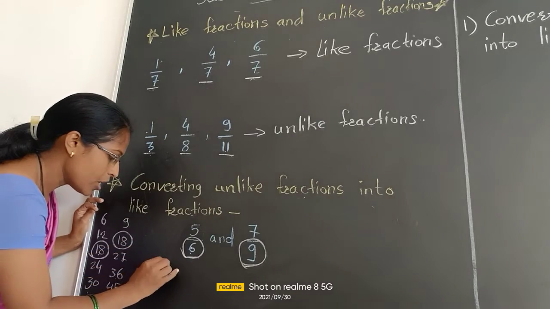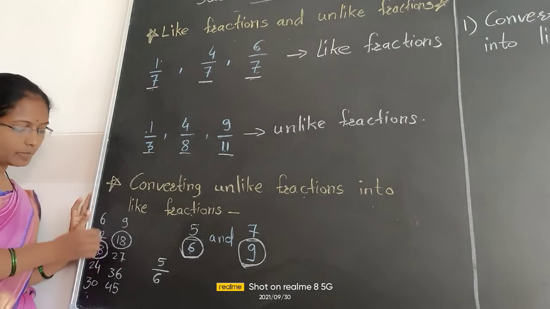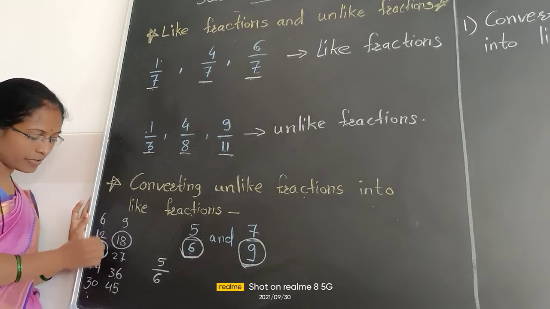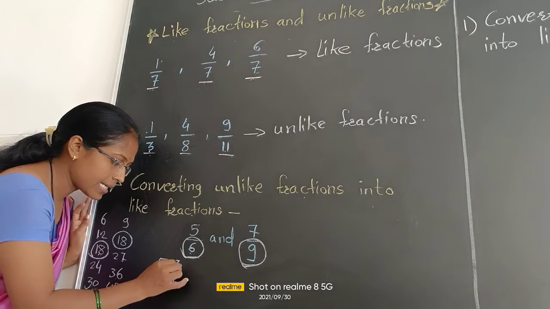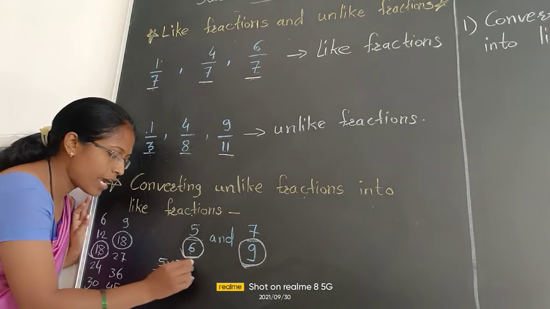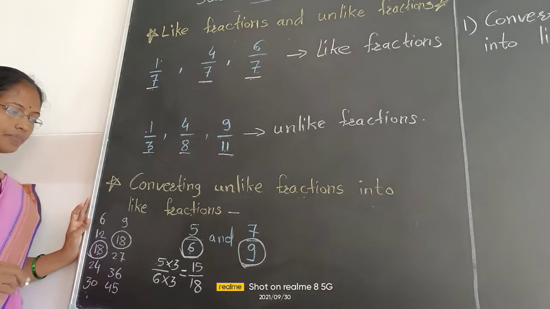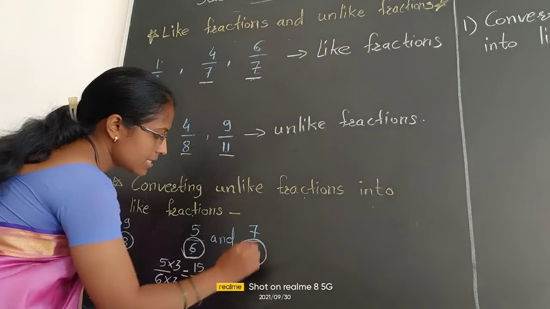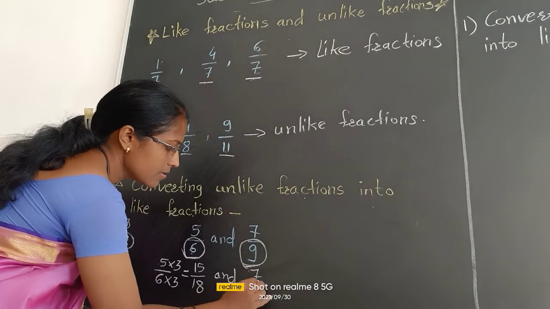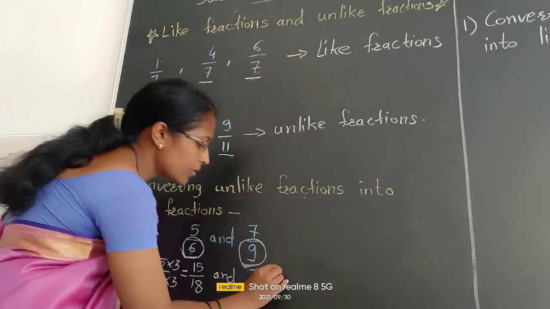So 5 upon 6 we multiply by 3, because on multiplying by 3 we get 18. So we will make it 18. So 5 threes are 15 upon 18. Correct? Yes. And this 7 upon 9 we will multiply by 2. Very good.